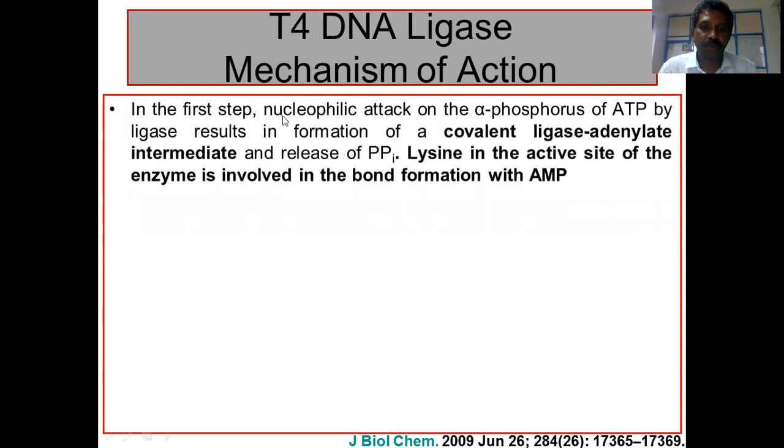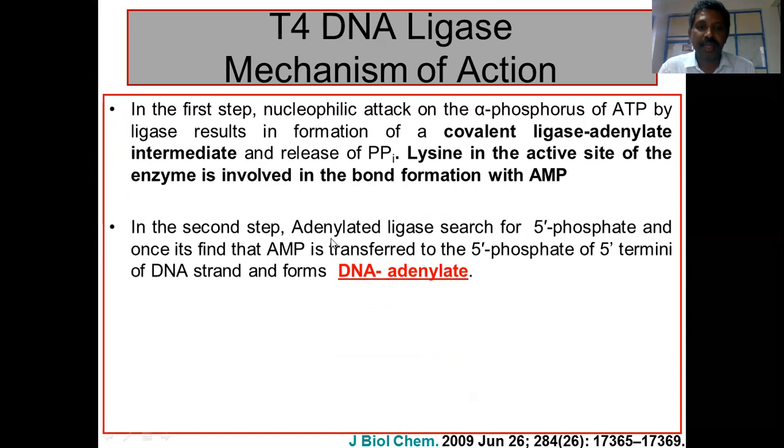In the first step, nucleophilic attack on the alpha phosphorus of ATP by ligase results in the formation of a covalent ligase adenylate intermediate and releases pyrophosphate. Lysine in the active site of the enzyme is involved in the bond formation with the AMP.